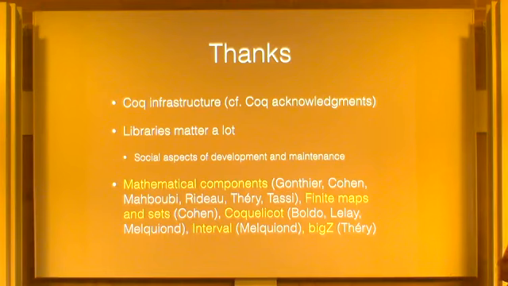So for me and Laurent, the Mathematical Components library has been useful. It is what is used for the first development on geometry. And in particular, there is a new extension to this library of finite maps and sets on arbitrary data types by Cyril Cohen that is being used intensively.